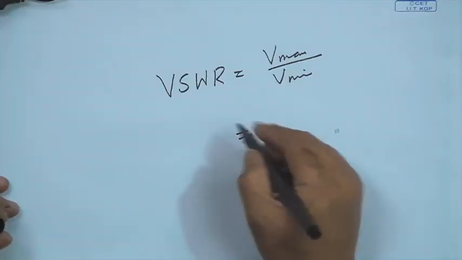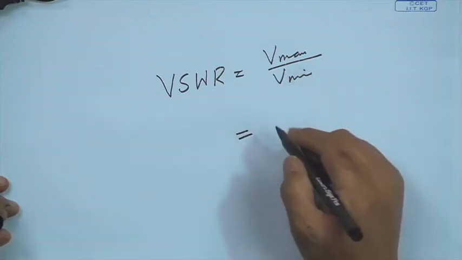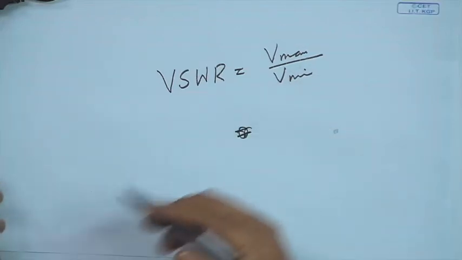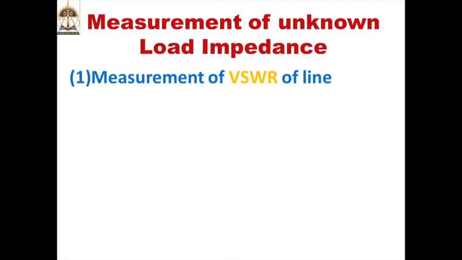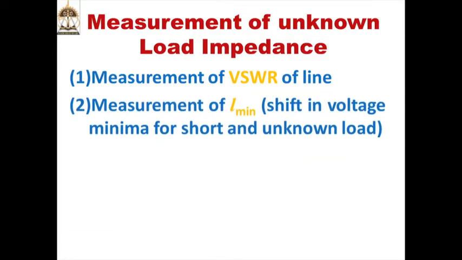Also, we need to measure from the line the shift in the position of the voltage minima for short and unknown load. This is just to note; we will discuss what that means when we see the procedure.